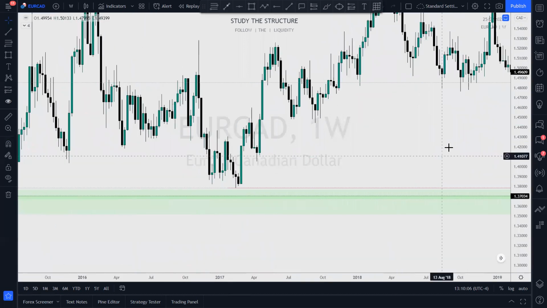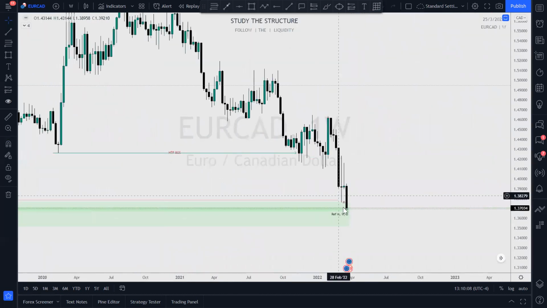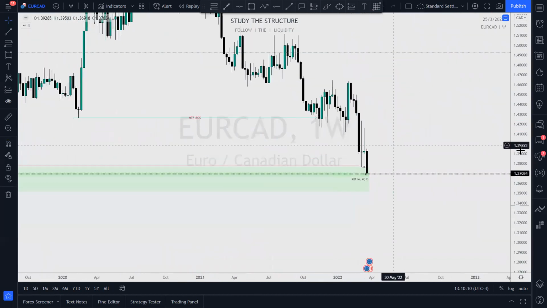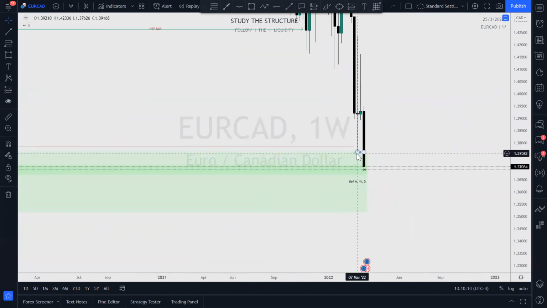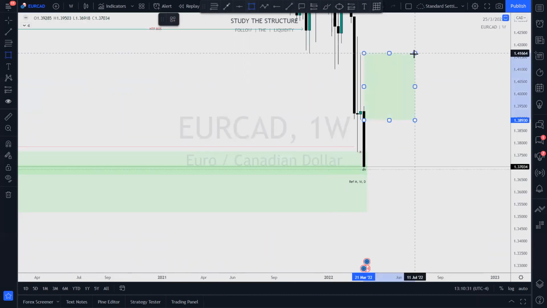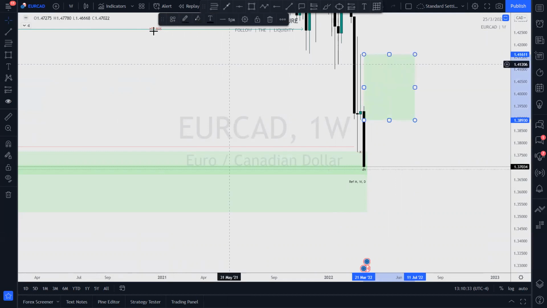And if we go all the way back over here, you can see that we did have a reaction to it here. The reaction took us all the way up. This is the extreme of that reaction. If price continues down and breaks that, this is going to be a high probability trade here for a short position. But we're getting way ahead of ourselves right now.